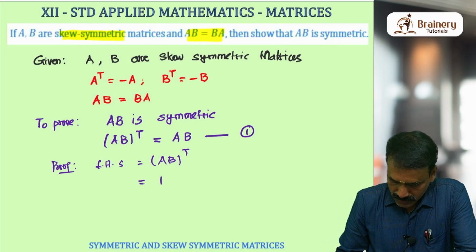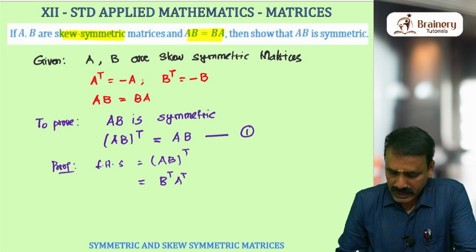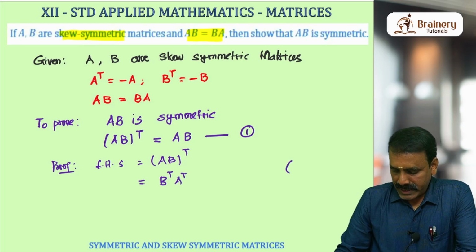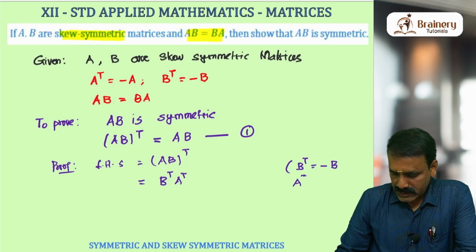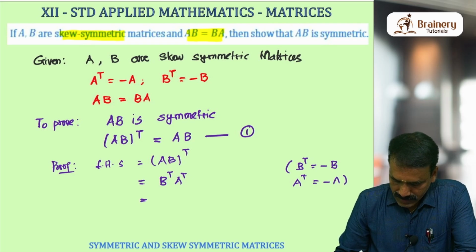But what is B transpose? B transpose is nothing but minus B. A transpose is equal to minus A. So minus into minus, it is plus. So BA.